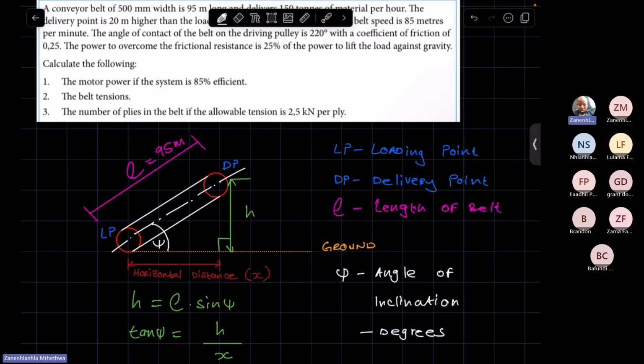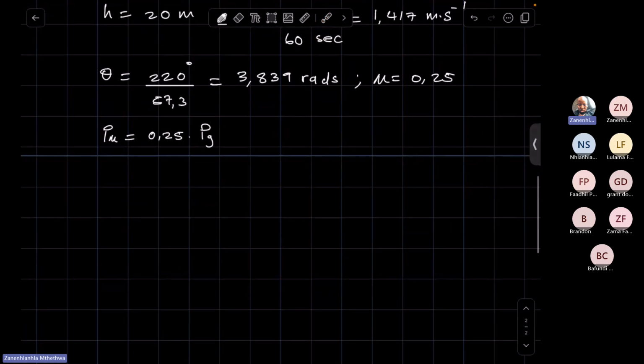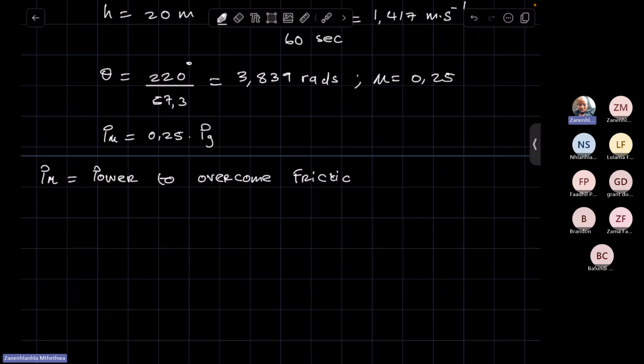Right. Now, remember I mentioned that P mu is power to overcome friction, right? This will be in watts or kilowatts.